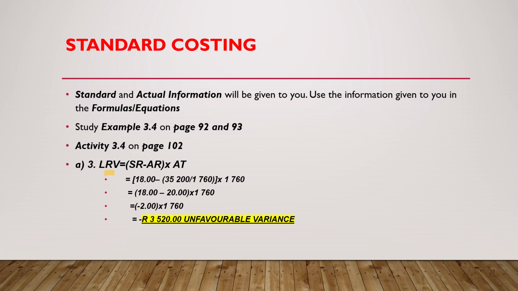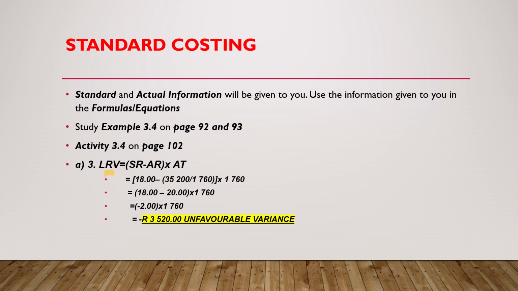So our focus is rate. So we're going to compare standard rate and actual rate. So your formula is standard rate minus actual rate times actual time. Okay, now let's go to the exercise.